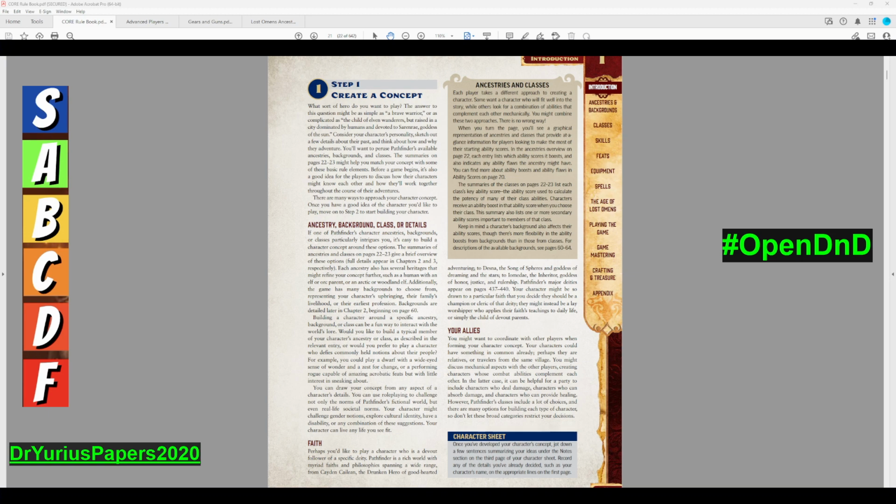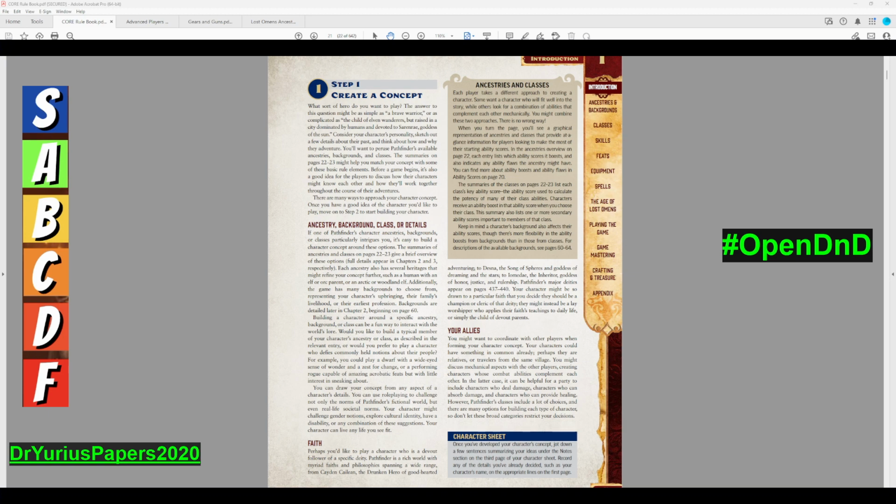So in D&D, even though they've gotten away from the term race and they're thinking about calling it species, which I don't quite understand, in Pathfinder 2 you pick an ancestry, and each one of those ancestries has or can have a heritage. That would be like the difference between a hill dwarf and a mountain dwarf. The hill or the mountain part would be the heritage, and the dwarf would be the ancestry.